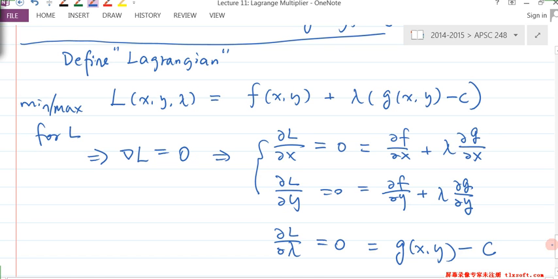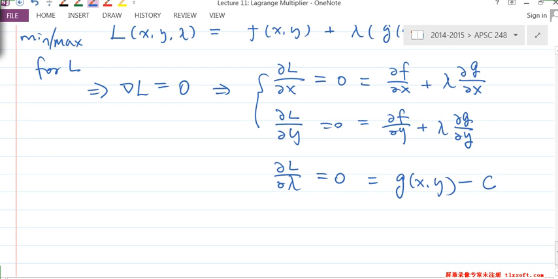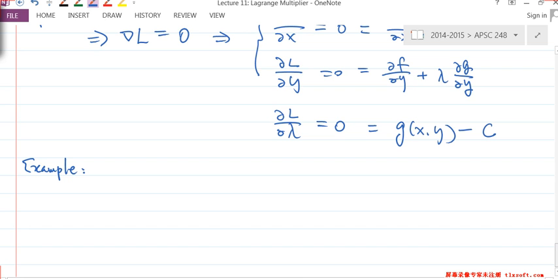Okay, so enough of these symbols. Let's take a look at an example. Third example here. Let's take a simple one.